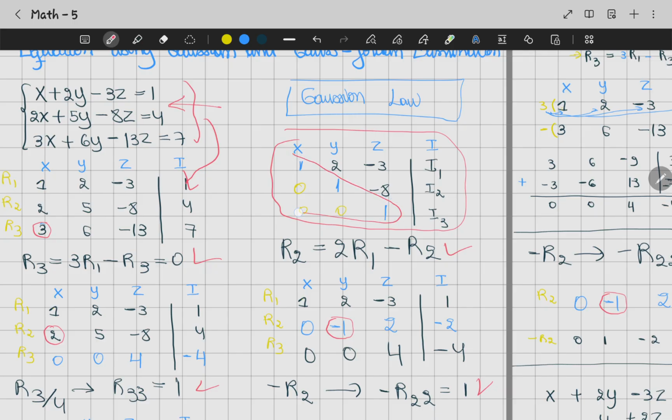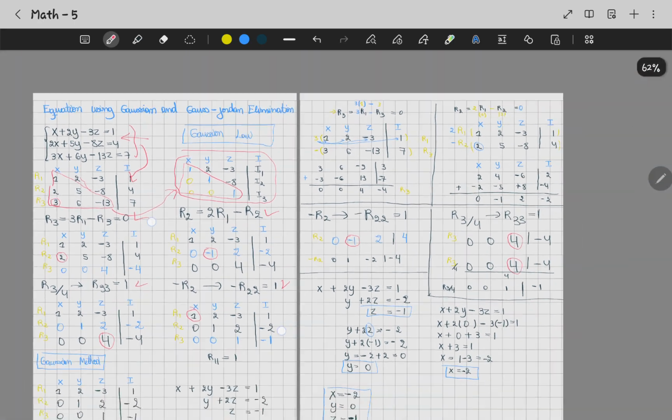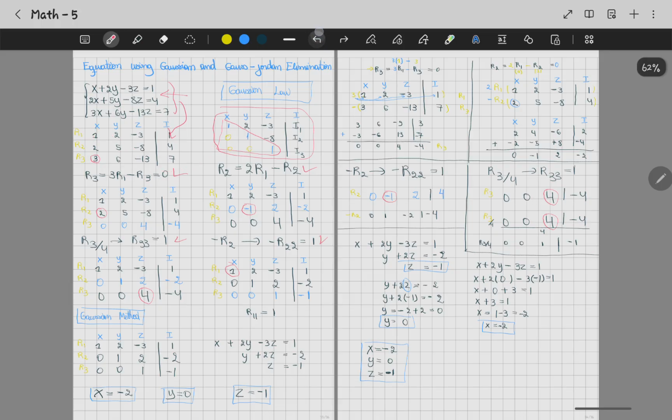We have transformed this and changed everything here from this matrix to what you see there by applying those formulas that we used. You can pause and refresh your mind, because we have done this before.